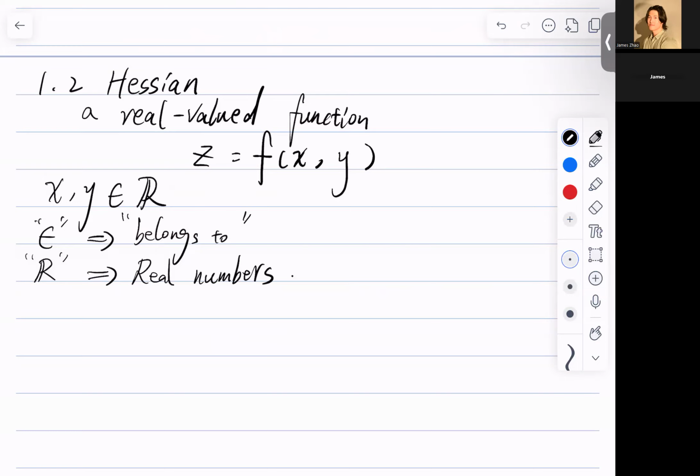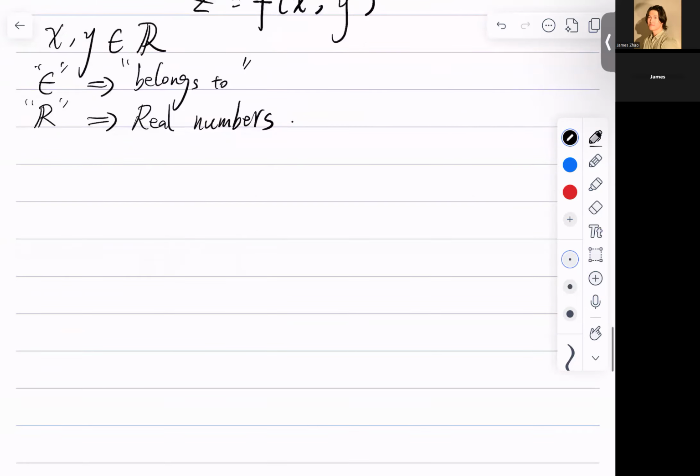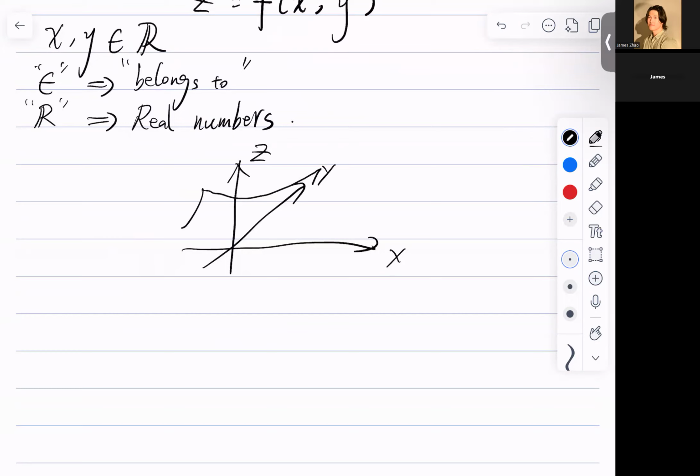And let's take a look at how this function may look like. So let's draw a coordinate system, x, y, and z. And let's draw a beautiful surface. And we have a point on this surface. Let's make it over here.